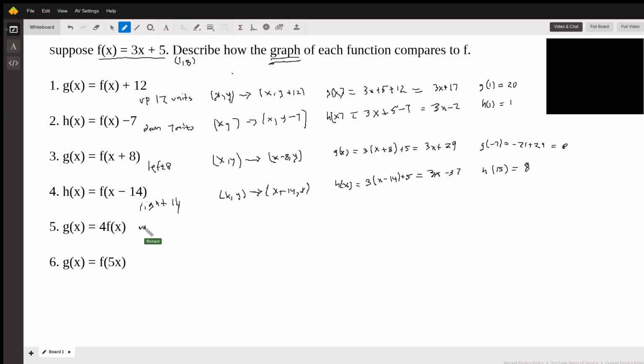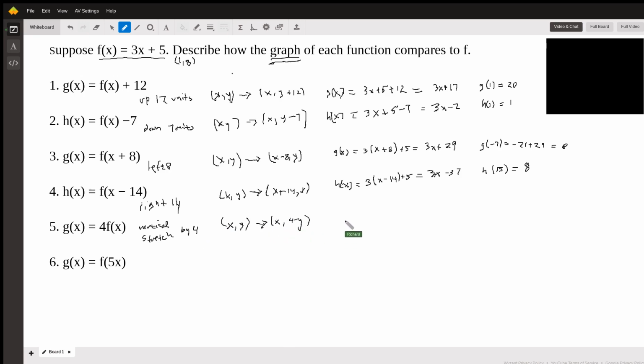This is a vertical stretch. The stretch factor is 4. So x comma y maps to x comma 4y.